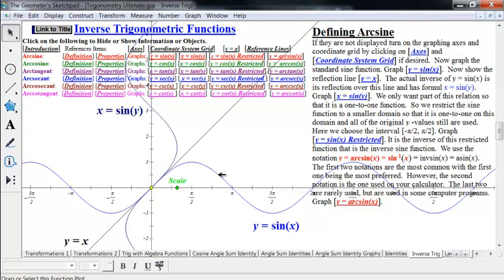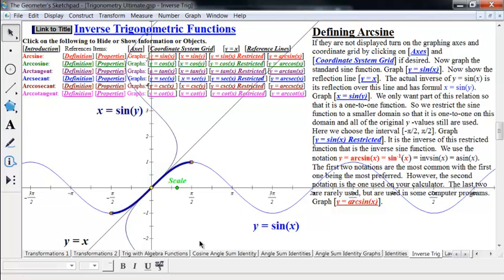If we started to go over here, we would be doubling up y's, and we wouldn't get our goal of 1 to 1. But if we go this direction, we can still keep it connected. So what we're going to do is keep this part from negative pi over 2 to pi over 2. And that is this restricted sine wave.